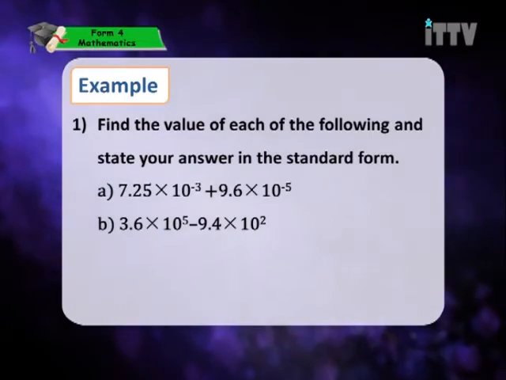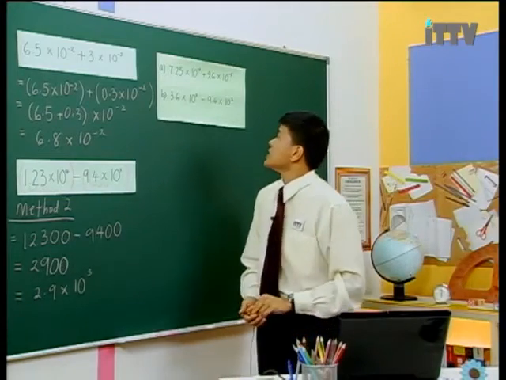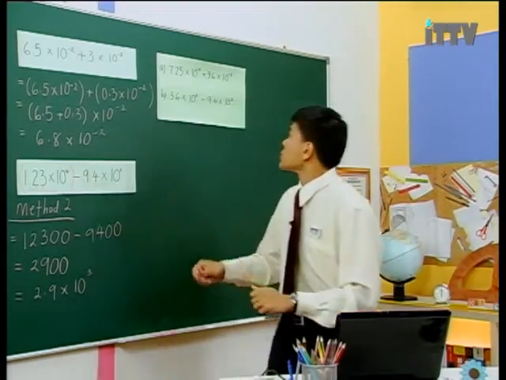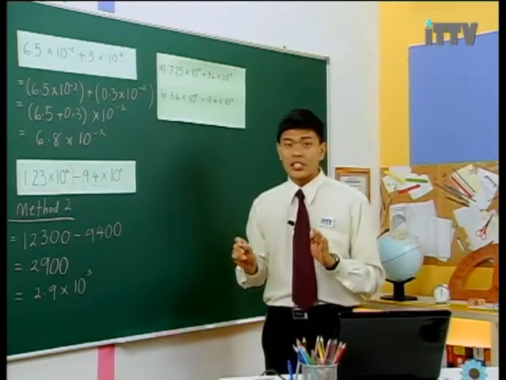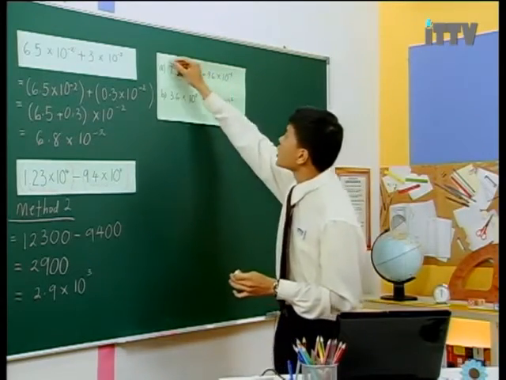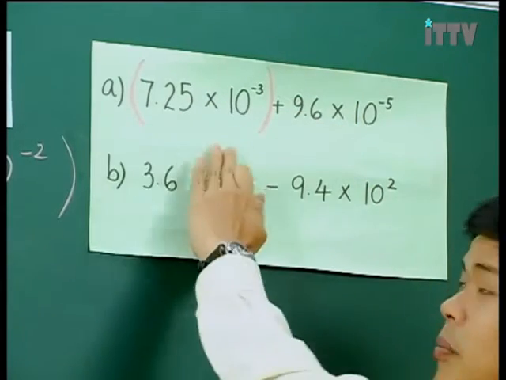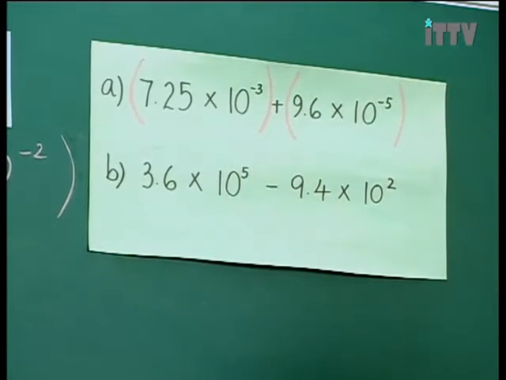Alright, come, let's do this together. Now we have another two questions. In A we have an addition of two numbers in standard form. Let's identify the two numbers. This is the first number in standard form and the second number in standard form.